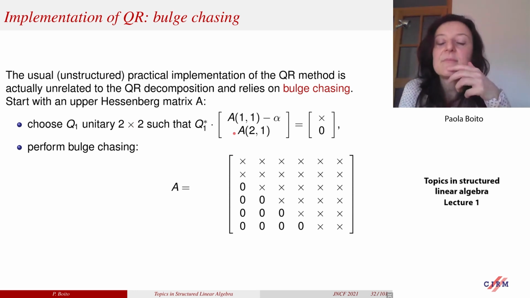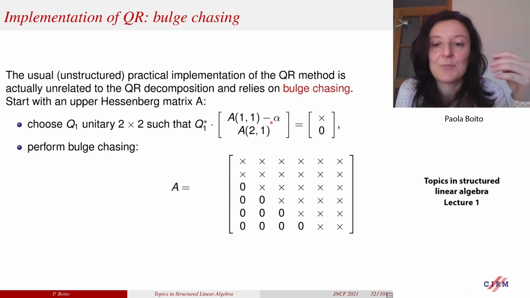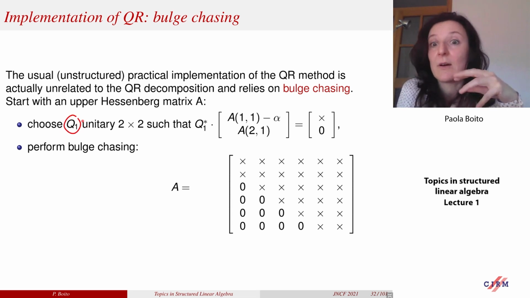And each of these 2x2 matrices is determined through a process called bulge chasing. So in practice, this is how it works. We have to choose a unitary 2x2 matrix to start with.